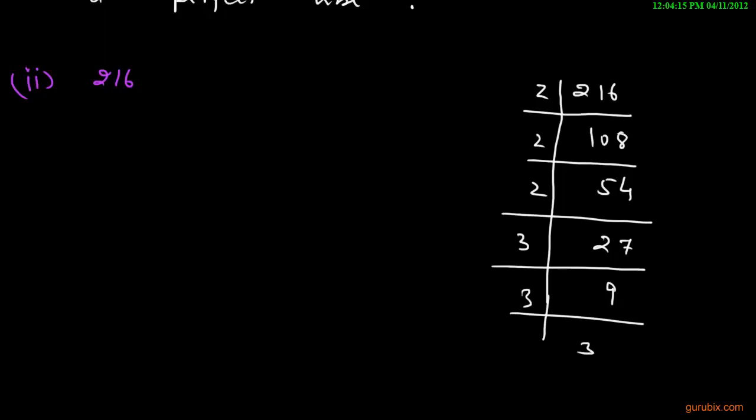So we can write this 216 like this: 2 into 2 into 2 into 3 into 3 into 3.